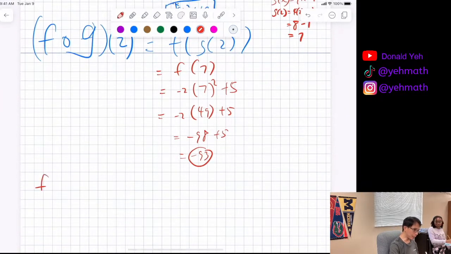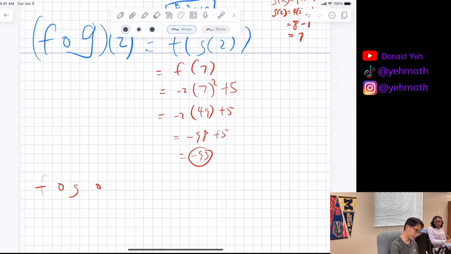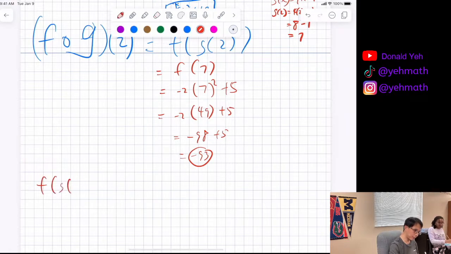I like this one. Sometimes I ask students this one: f of g of f of 0.